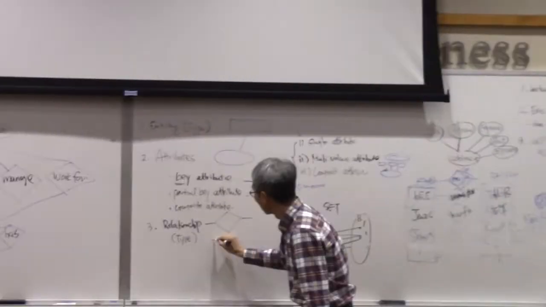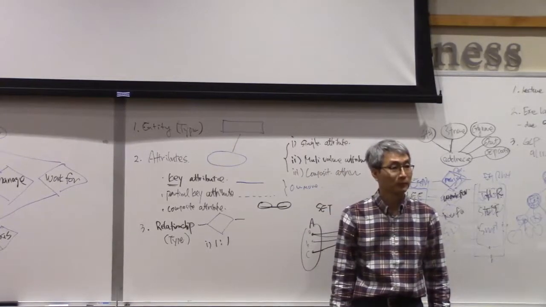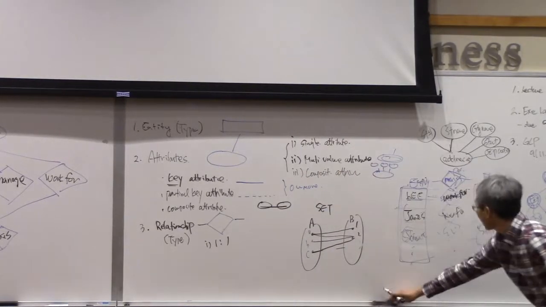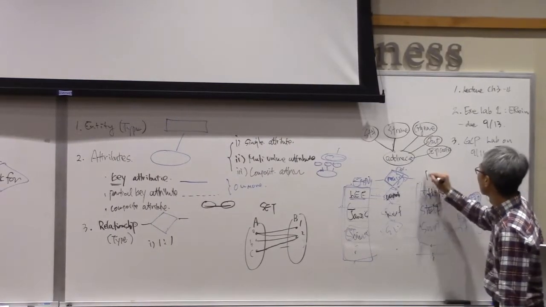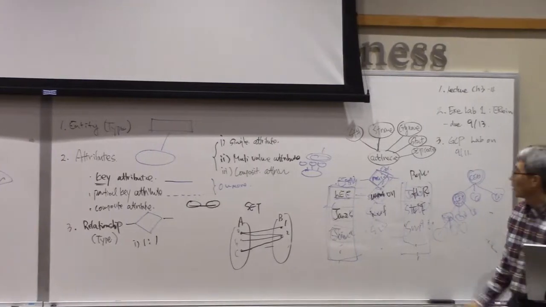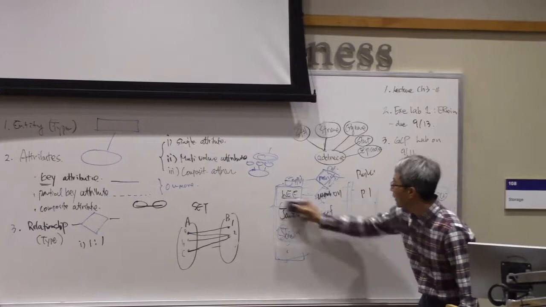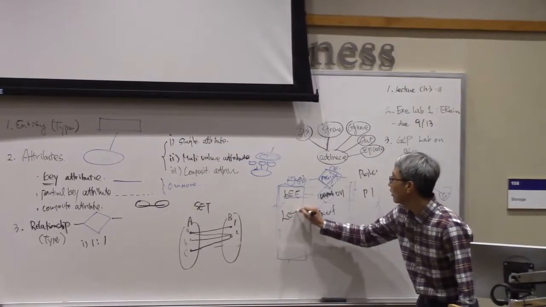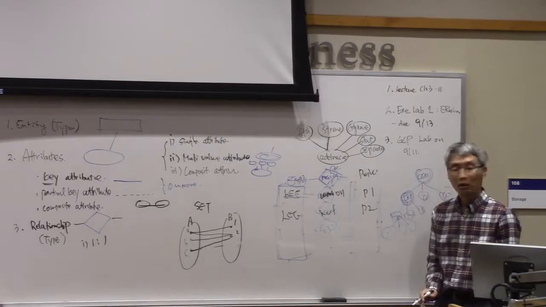First, one-to-one relationship. Okay. However, what about works on project? In case this one is a project, Lee works on project 1. Also, Lee works on project 2.